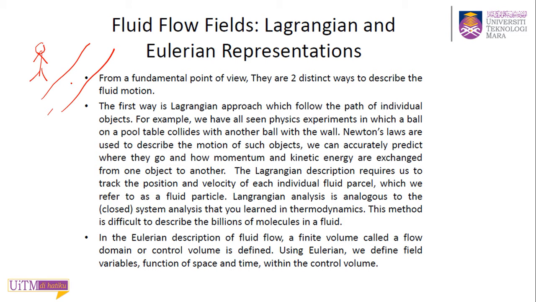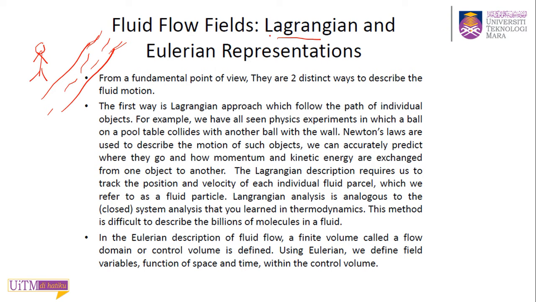I'm sorry for my drawing, it's not too nice. This person wants to measure the velocity of the flow inside this river. There are two different approaches. The first one is Lagrangian.